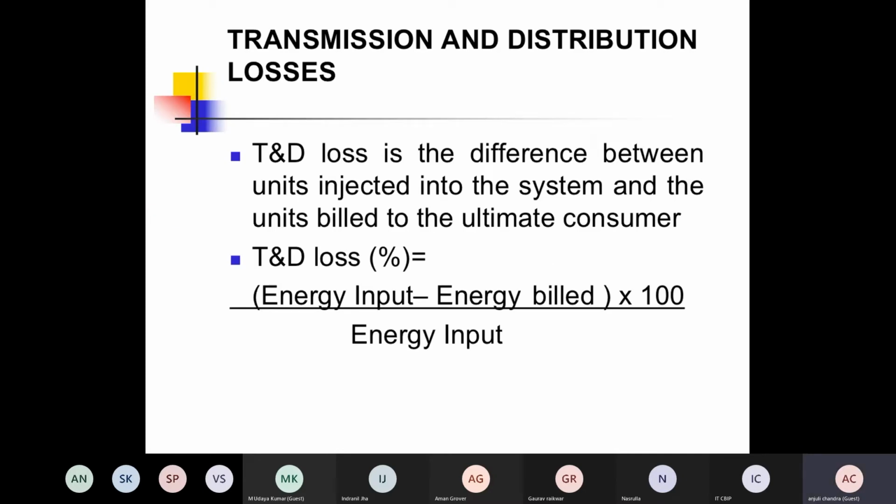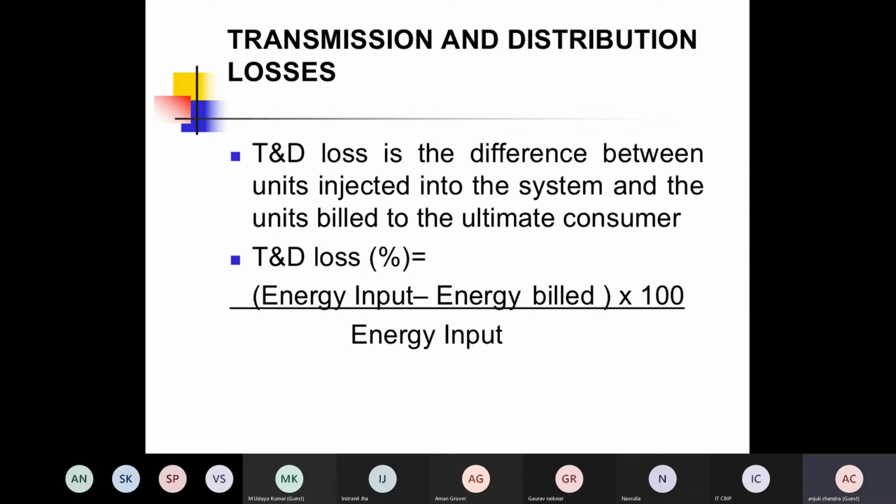So T&D loss, or transmission and distribution loss, is the difference between units injected into the system and the units billed to the ultimate consumer. And that is in terms of units. If we want to find out percentage T&D loss, then it is energy input minus energy billed over energy input into 100.